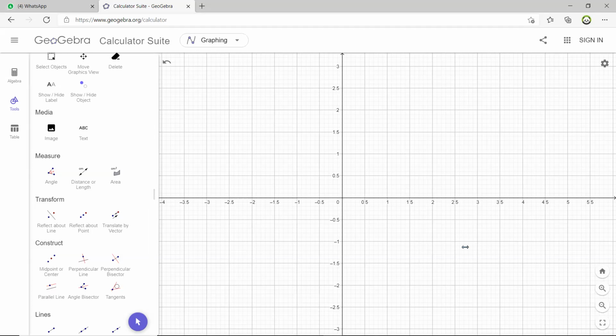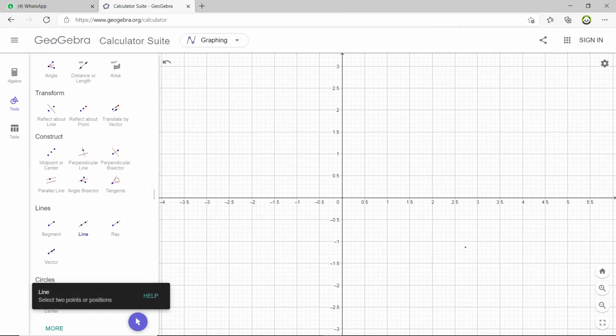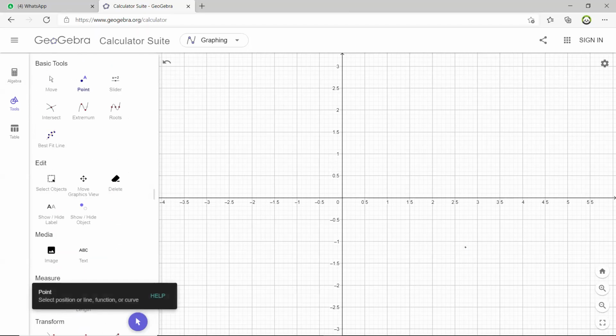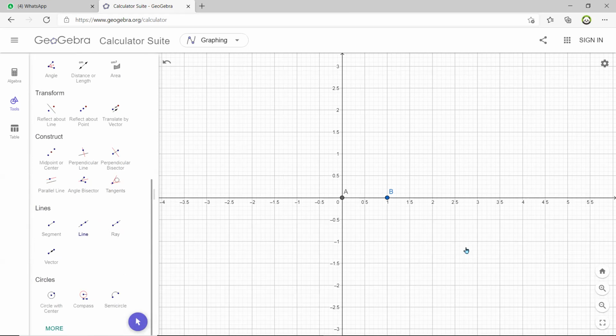So what we are doing here is we are learning how to represent the root of any number on the number line. So at 0, we have a point, and at 1, we have a point, and we're gonna create a line here.